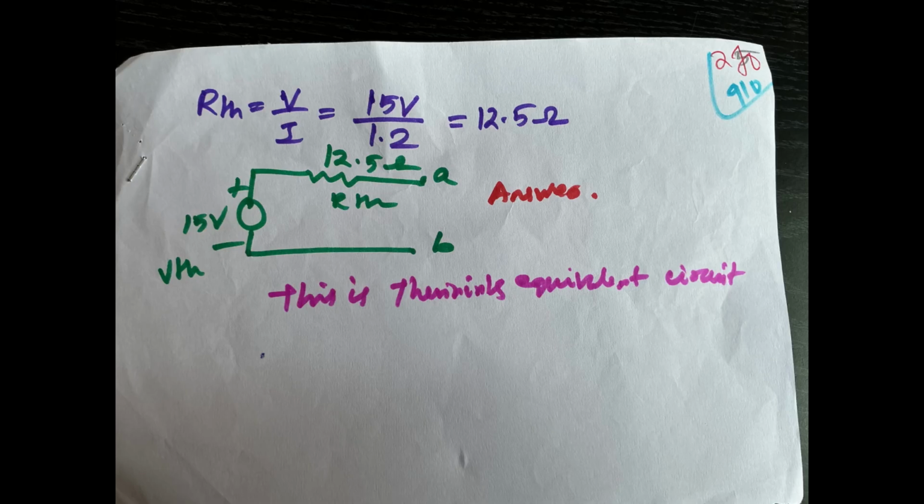RTH is V divided by I, 12.5 ohm. This is the Thevenin equivalent circuit. We put 15 volt and 12.5 ohm resistance, that is VTH and RTH, to form this Thevenin equivalent circuit. That is the answer circuit.